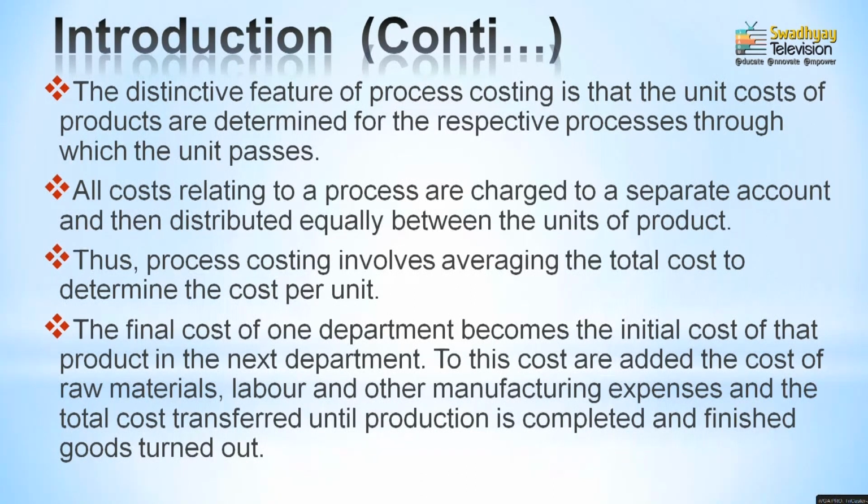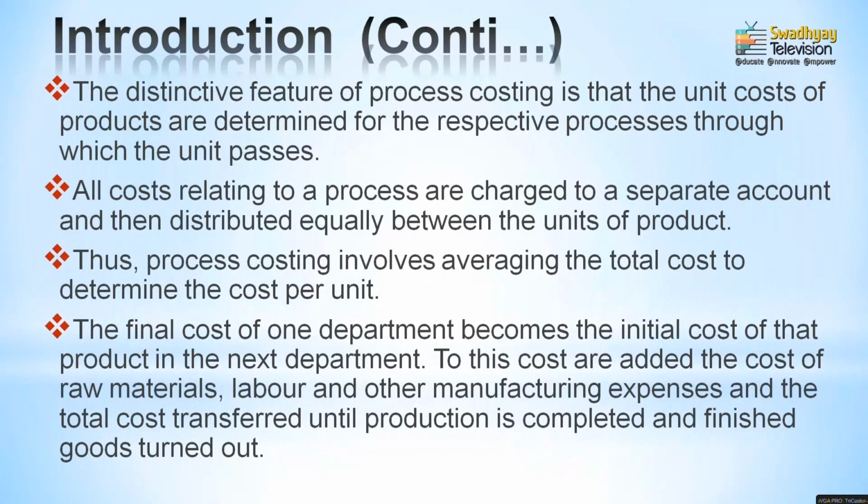Now, at the end of this, once one department has identified the respective amount of cost incurred in that particular process, it becomes a raw material for the next process, or you can say the next department. It means that the cost of each process, or the finished goods of each process, becomes a raw material for the succeeding process.